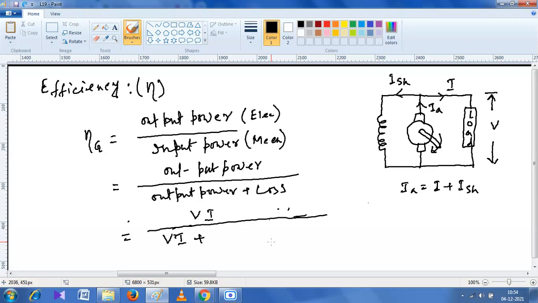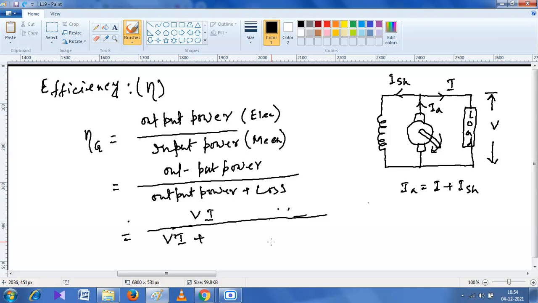Whenever we change the load, the armature current changes. That's why the losses which are dependent on armature current are variable, and those which do not depend on armature current are called constant loss.